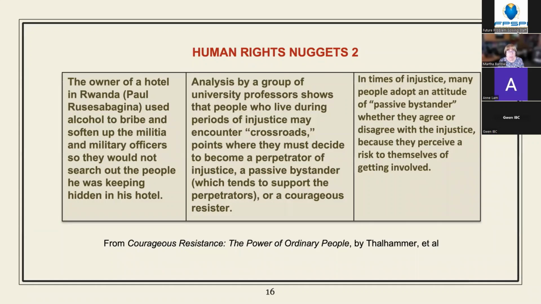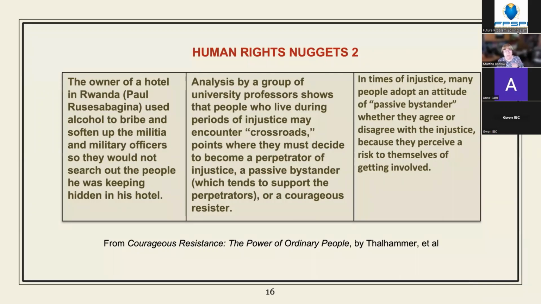Or on the right, many people adopt an attitude of passive bystander, whether they agree with the injustice or not, because they think there's a risk to themselves, but also that there's a crossroads where people have to decide. Either perpetrate the injustice, become a passive bystander, which, related to the one on the right, tends to support the perpetrators actually, or become a courageous resistor, which is challenging for a lot of people.